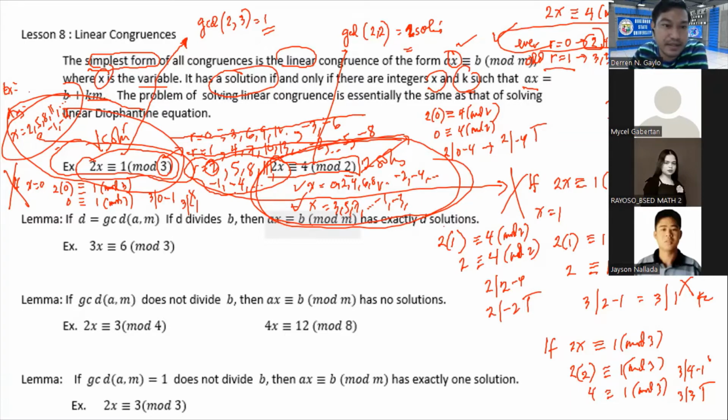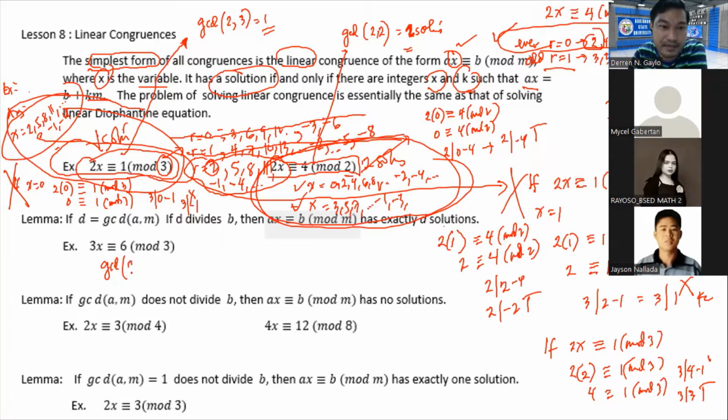Okay, let's have this one. For example, what's the GCD for 3x is congruent to 6 modulo 3? What's the GCD of 3 and 3?